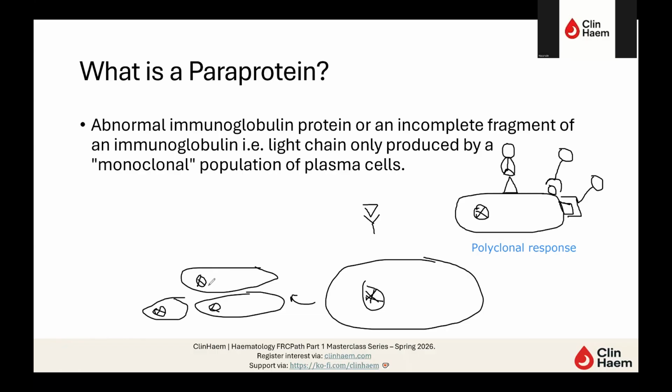And now all of these are derived from the same malignant plasma cell. So all of them will produce only one type of antibody, which is antibody against, in this case, the triangle antigen. So all the antibodies that they are producing are just one type. So this is called a monoclonal response, because now if you check this patient's antibodies, they will only have one type of antibody instead of a polyclonal response.